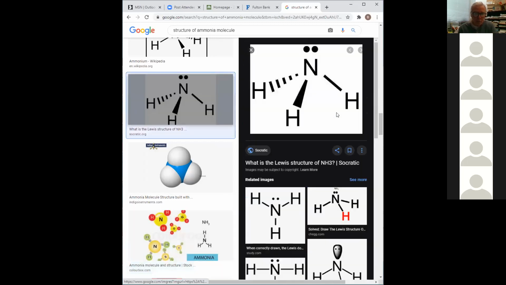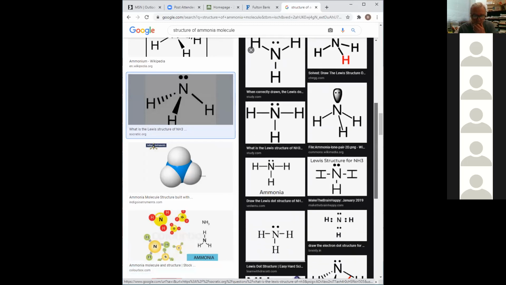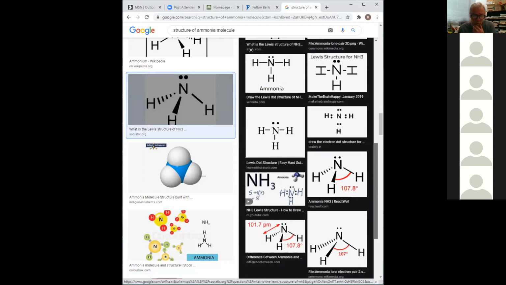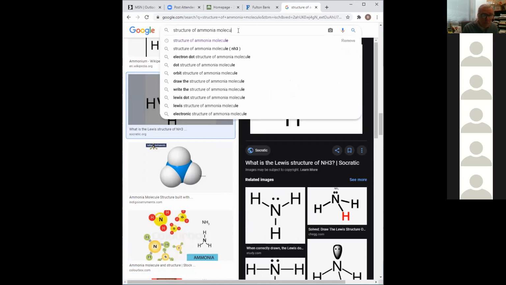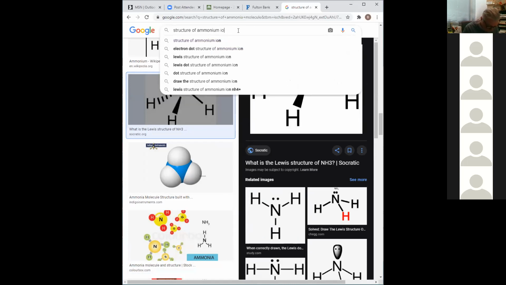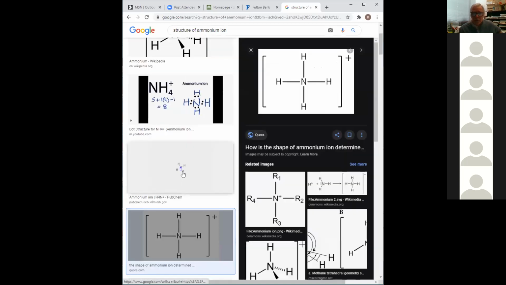So you can get NH4. The ammonium ion has a positive charge because it's got an extra hydrogen, and what is a hydrogen?